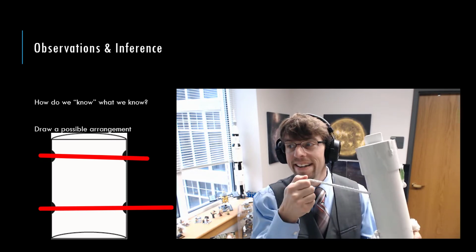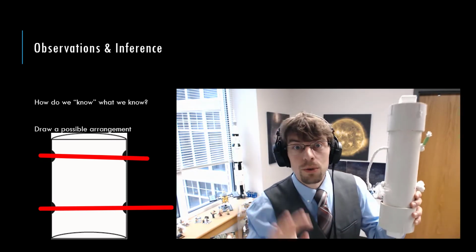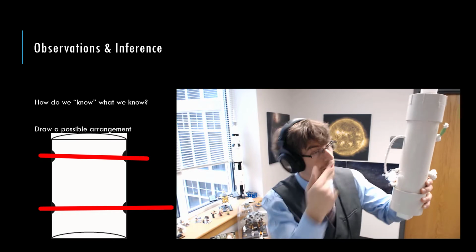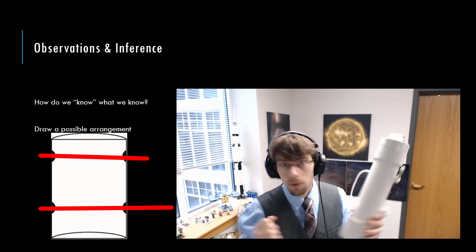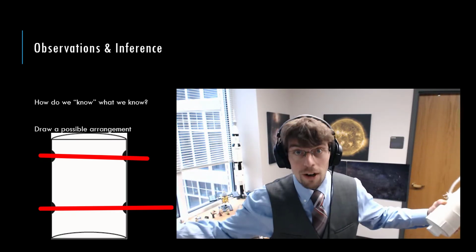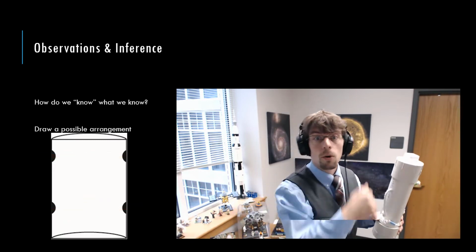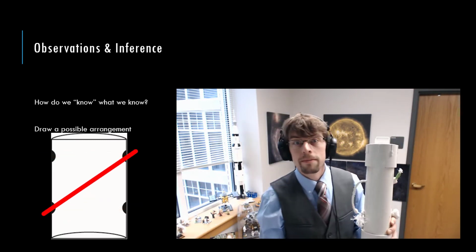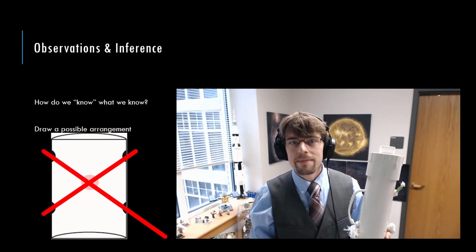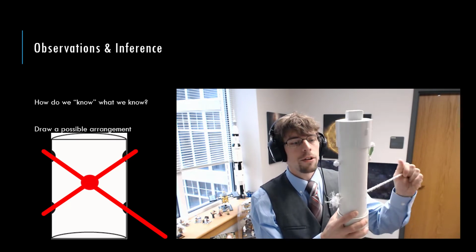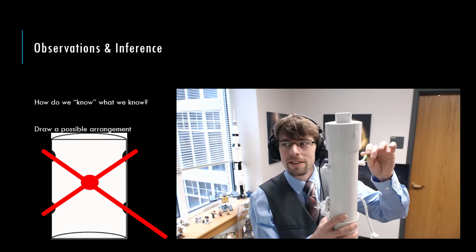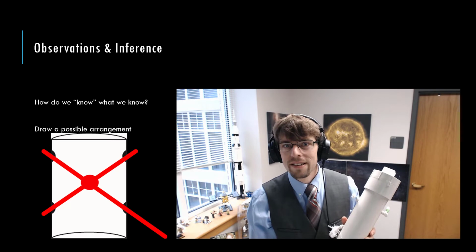Huh? So for those of you whose model does not explain this behavior, you have to redraw the model. You have to scrap the old model, come up with a new one. So go. Now what do you think will happen if I pull on this one? Again, according to your model.